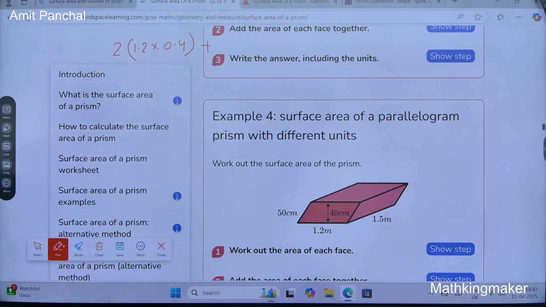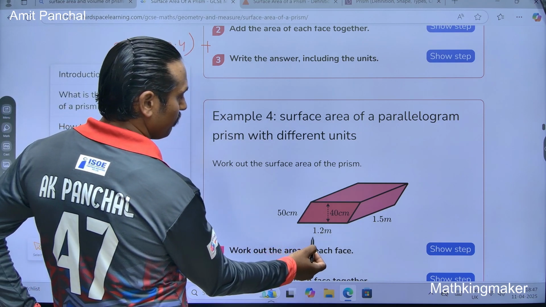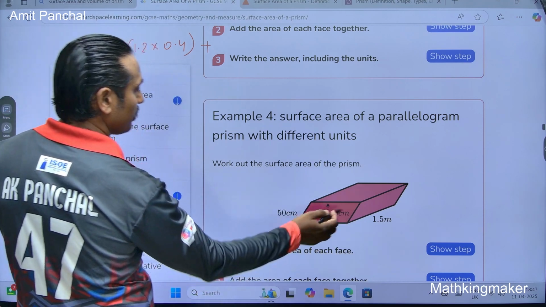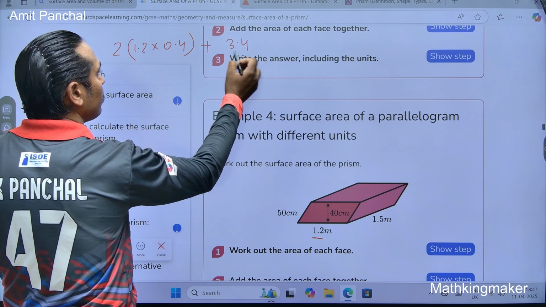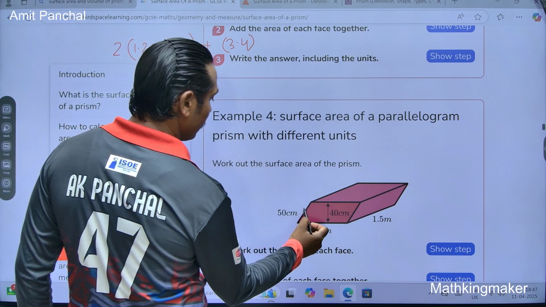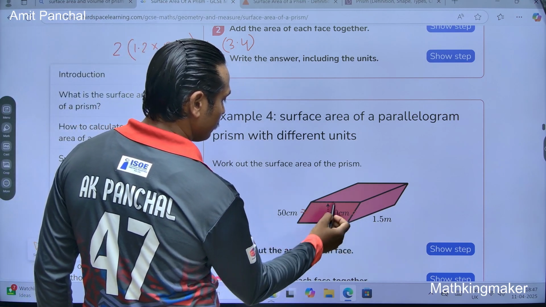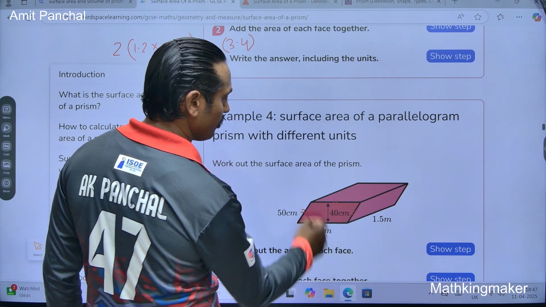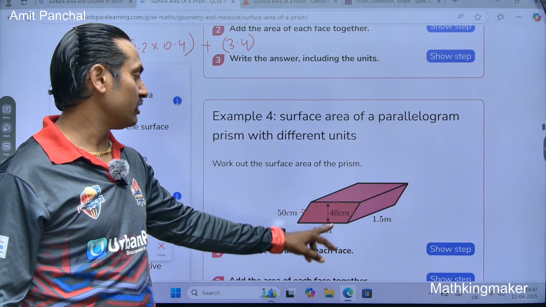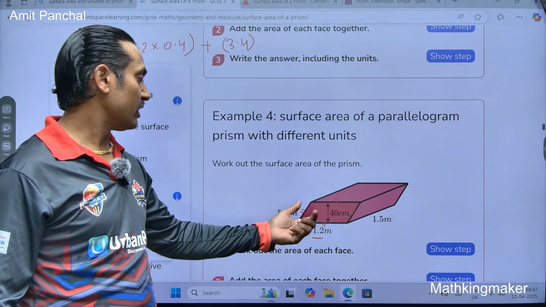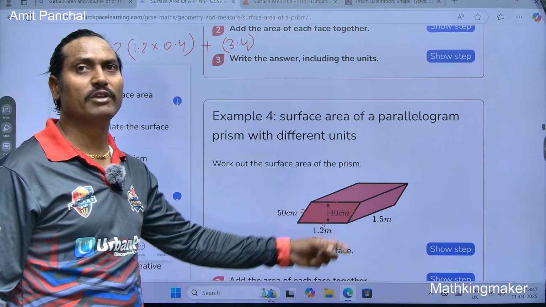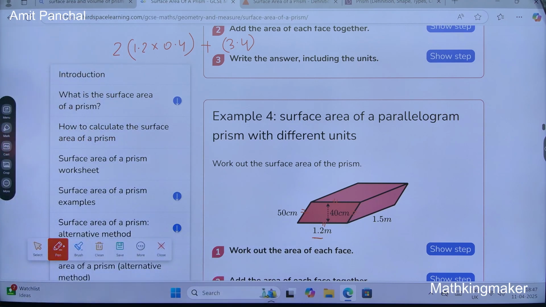Base perimeter is 1 plus 2 into 2, that is 2.4, 2.4 plus 1, that is 3.4 meter.